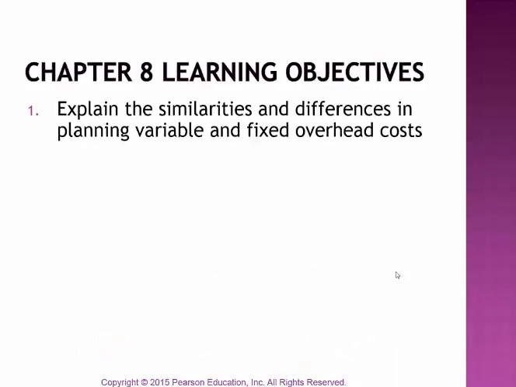Number 1, we are going to explain the similarities and the differences in planning for variable overhead cost and fixed overhead cost. Again, what kinds of things are we talking about here? Our variable overhead, those variable manufacturing overhead types of cost, are things like energy, our utilities, machine maintenance.